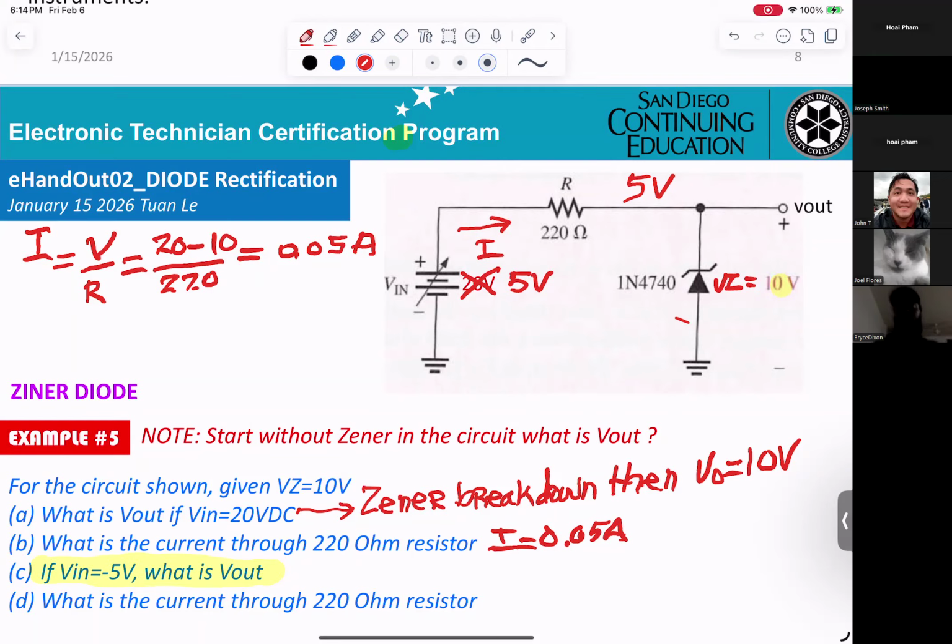So the diode not break down. Okay? First thing I know, diode not break down. Okay. Diode not break down.